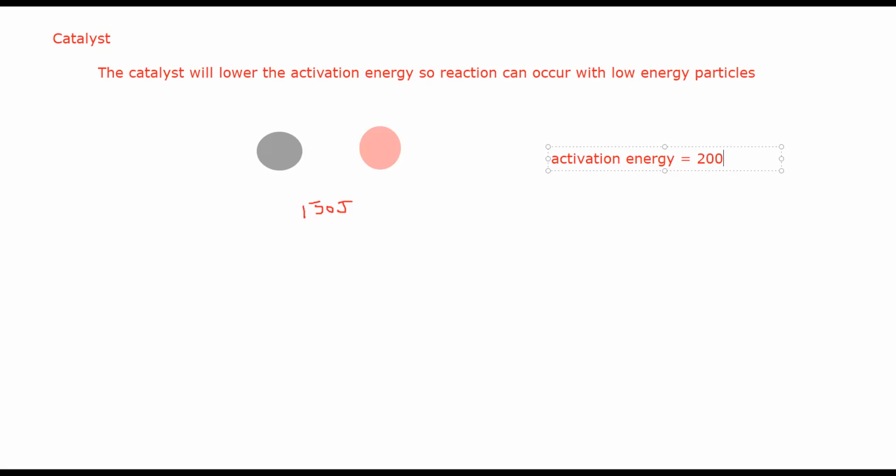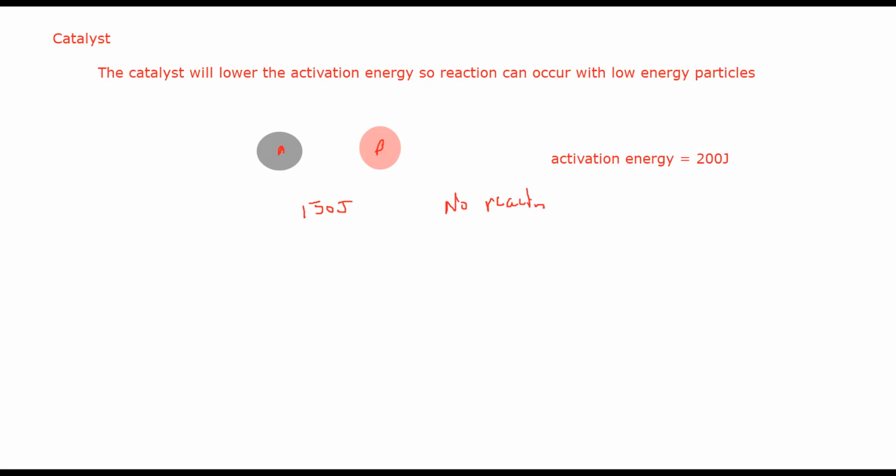Activation energy is 200 joules. So what will happen? Will this reaction occur or not? Is there any reaction between A and B? The energy of A and B is 150, the total I'm saying, but the minimum possible energy they require for the start of the reaction is 200. Will the reaction occur? There is no reaction at this energy.